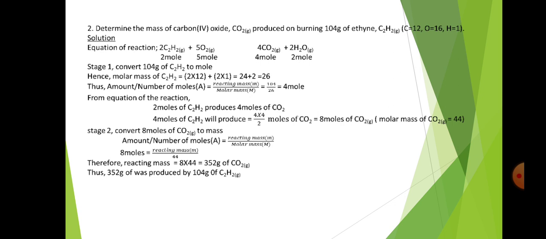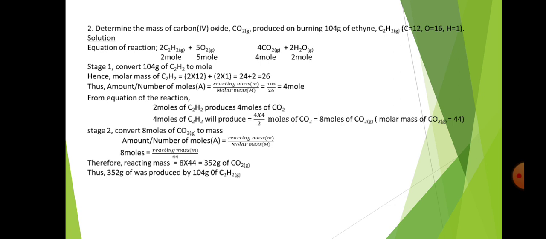When ethane reacts with oxygen, we have two products formed, carbon(IV) oxide and steam, which is water vapor. From the stoichiometry, 2 moles of ethane react with 5 moles of oxygen to give 4 moles of carbon(IV) oxide and 2 moles of water vapor.